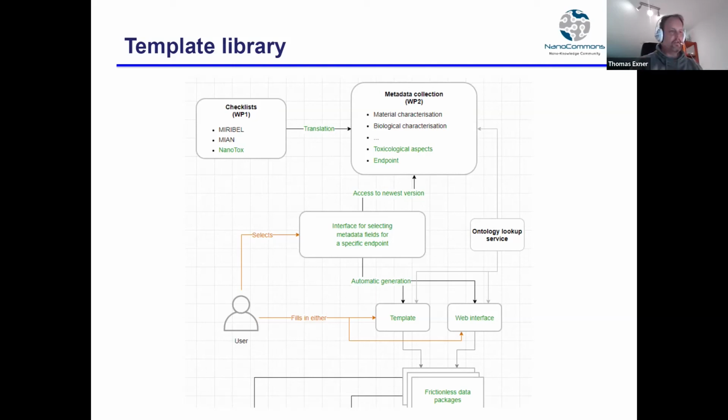If you have control levels and so on. Therefore, if you have a standard procedure how you cultivate your cells, this can then be taken over from one experiment to the other. And in that way, having these little pieces, I hope that we can do that.